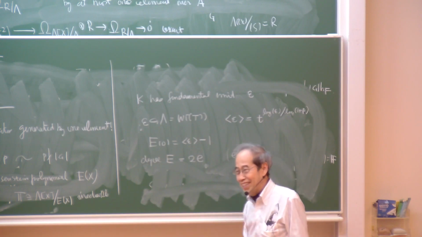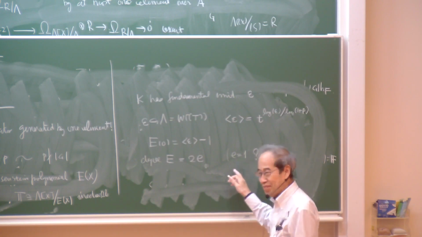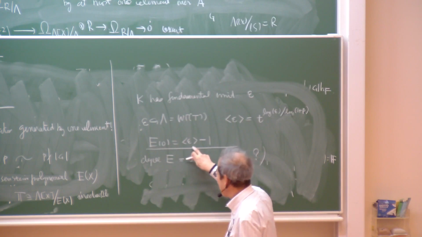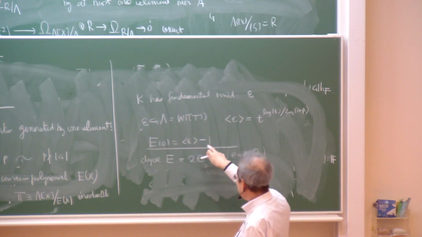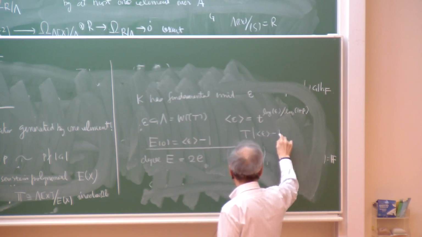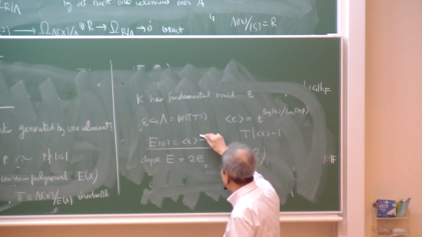I found some error there, so I'm trying to fix it. So you don't believe this part of the theorem, but up to here is okay. So it is an Eisenstein polynomial with respect to the prime factor of this one. And of course, T itself divides epsilon minus 1, obviously.